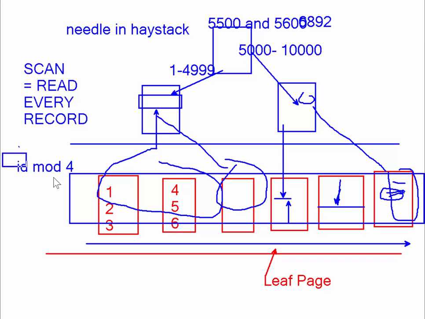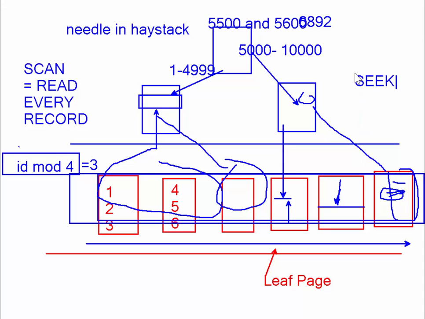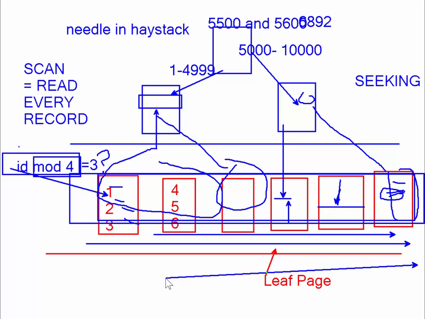Let's say you apply this function, ID mod 4 equals 3. For some reason you wanted this where clause, ID mod 4 equals 3. Now, the index itself is not useful for seeking. Seeking won't do you any good, right? Because you're not going to be able to find all those records that fit those criteria. So scan must take place by reading every value and then mod 4 to see if it is 3. Next, next, next, next. So the only way you can resolve is by reading the whole thing.